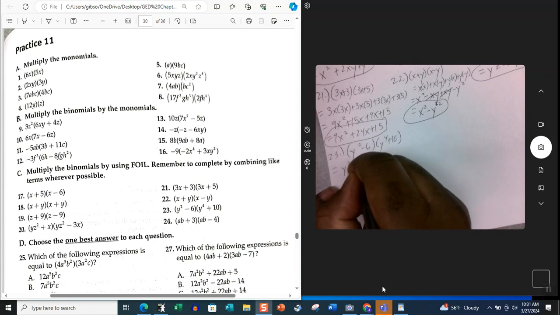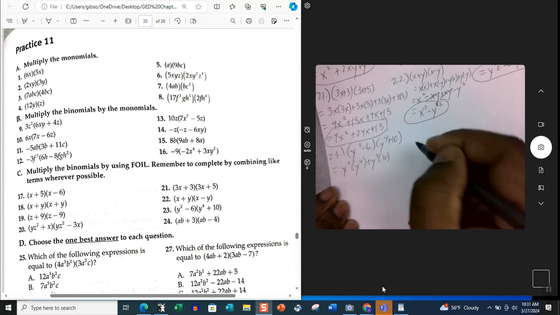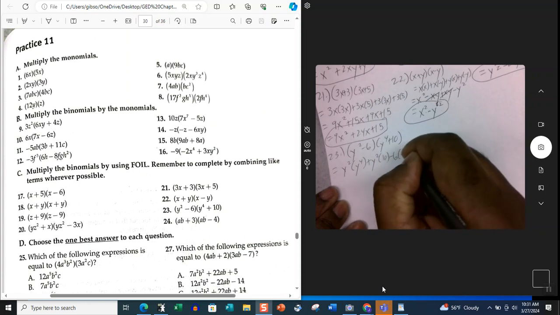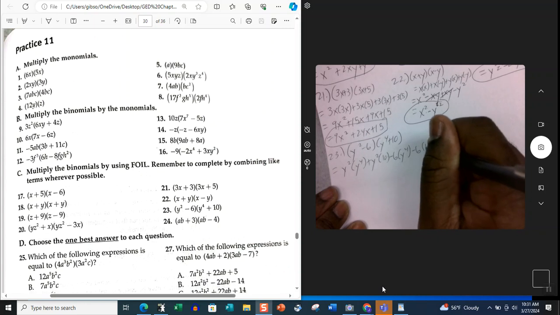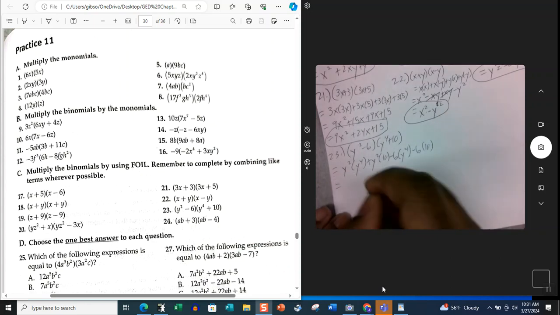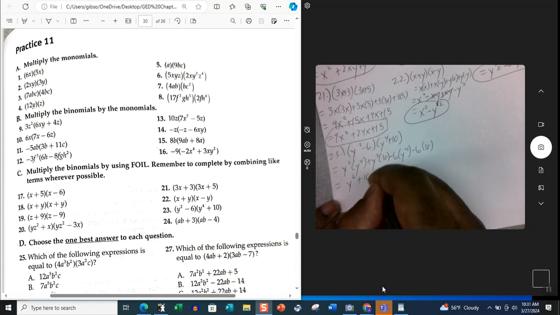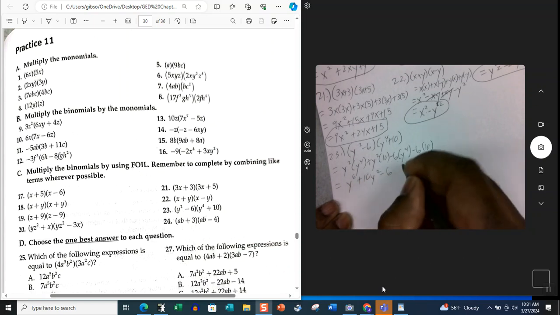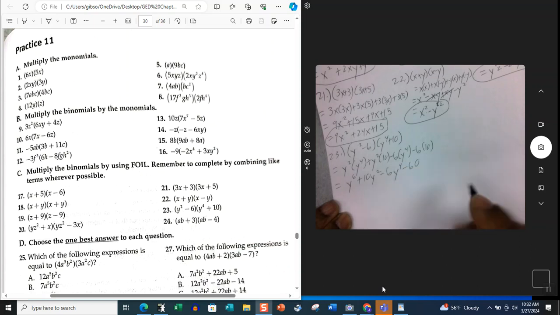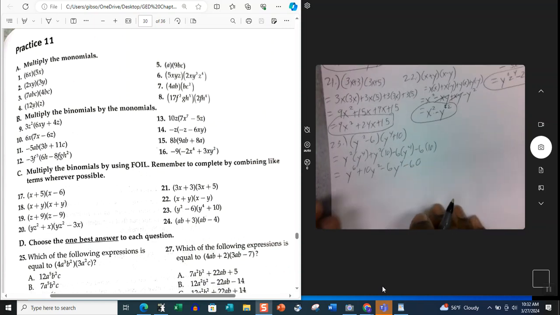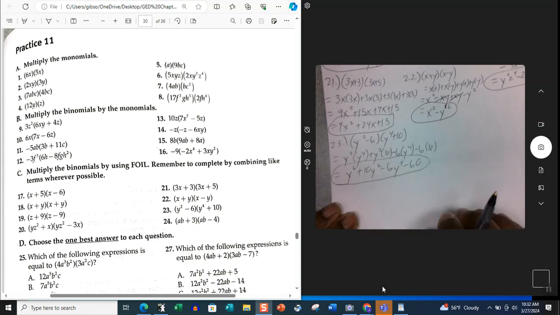Y squared times y to the 4th plus y squared times 10 minus 6 times y to the 4th minus 6 times 10. So this would be y to the 6th plus 10y squared minus 6y to the 4th minus 60. Now if we look here, there are no like terms, so this is our final answer.